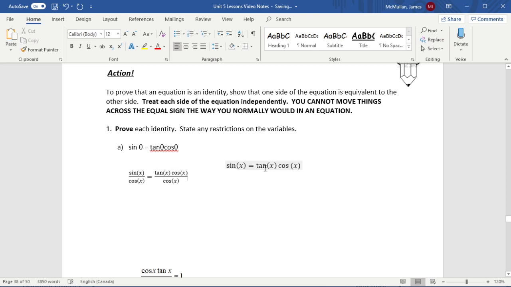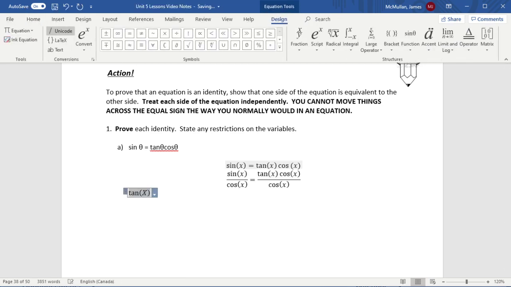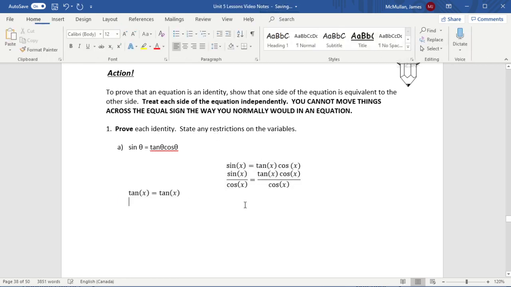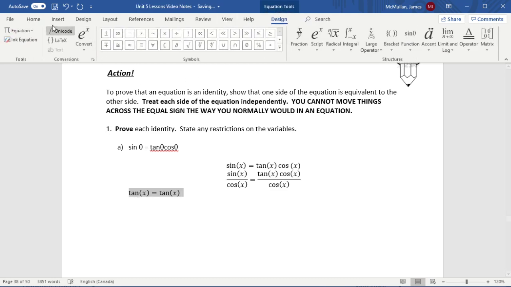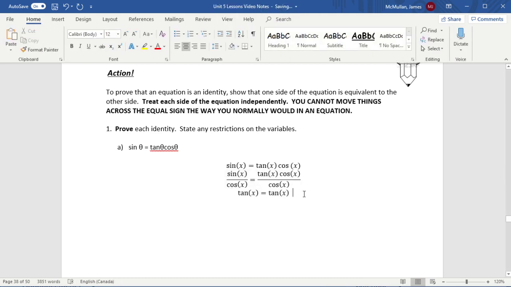Right? You could do that, and then you would know that your identity on the left is tan x equals tan x, and you've shown that the two sides are the same. However, you can't do this. Okay? I'm going to put a strike through this. You can't do it that way.